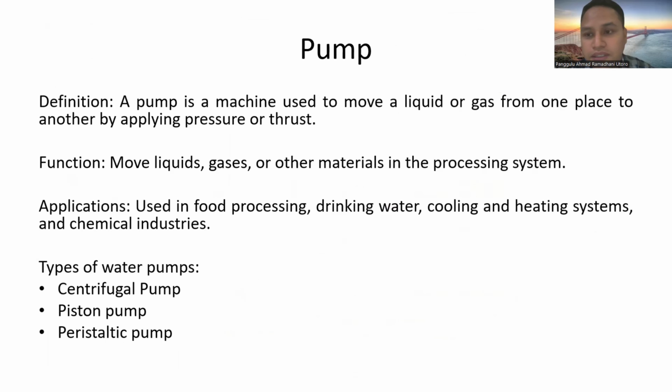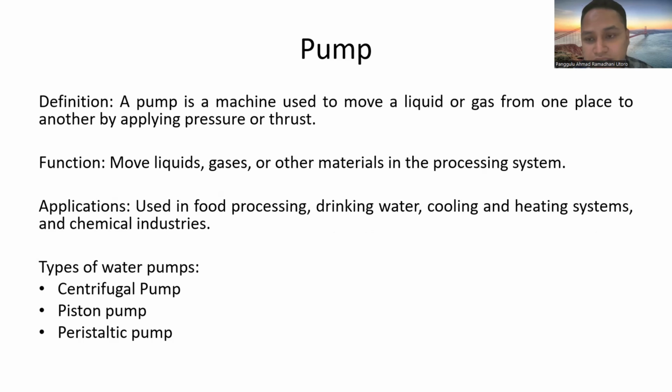Next, we talk about a pump here. Definition: a pump is a machine used to move a liquid or gas from one place to another by applying pressure or thrust. The function of a pump, of course, is to move liquid, gases, or other materials in the processing system.